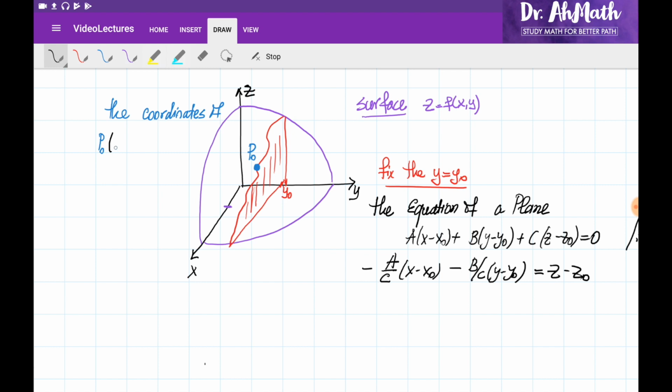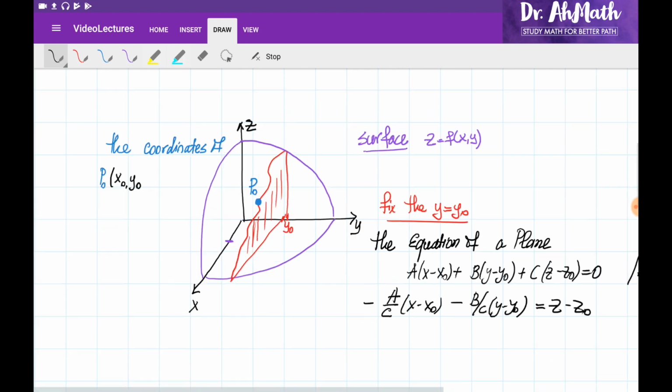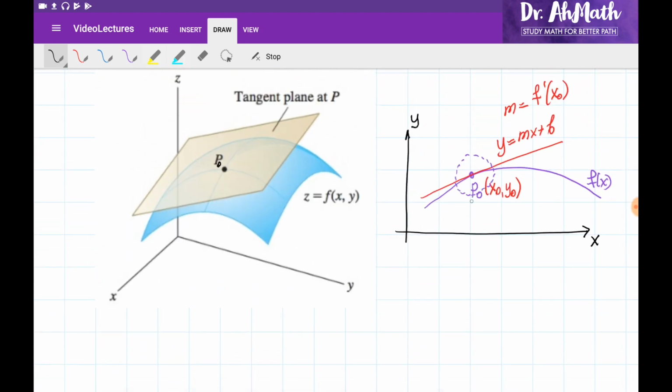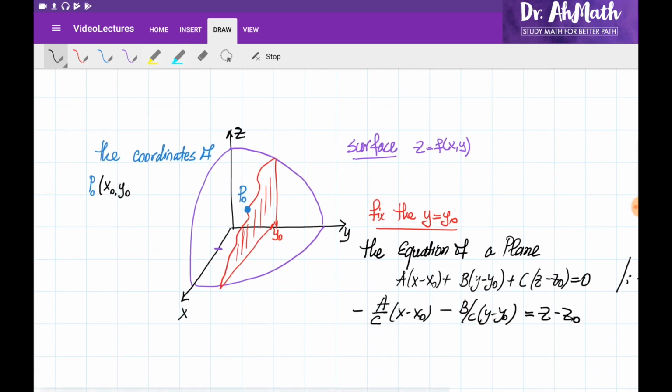So if the two coordinates of this p0 are given, x0 and y0, we can find the third coordinate, right? So in 3D, it works in this case. Previously, if I would like to find the height of the function, I just need to choose this point, x0, then substitute it into this function, and it gives me the y0. In 3D now, it works this way.